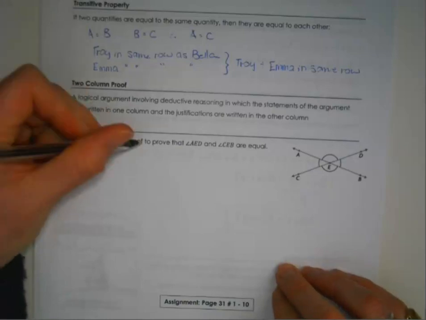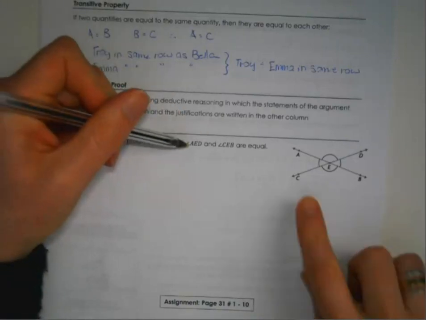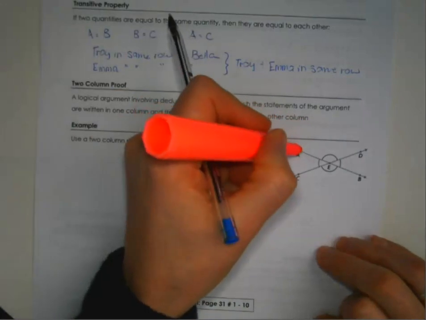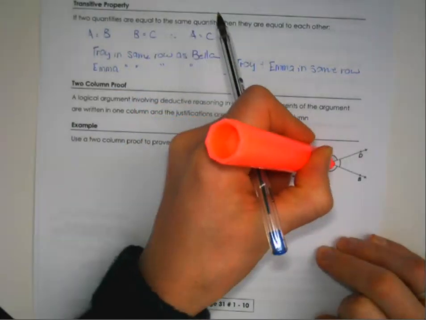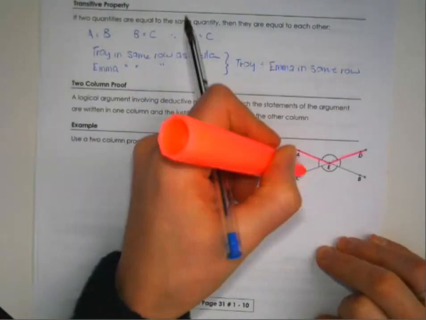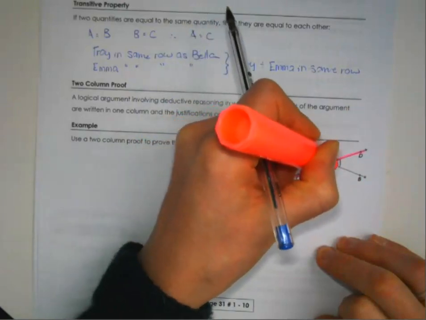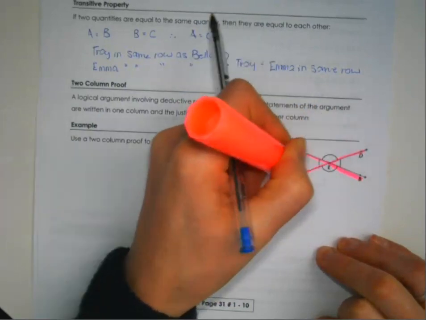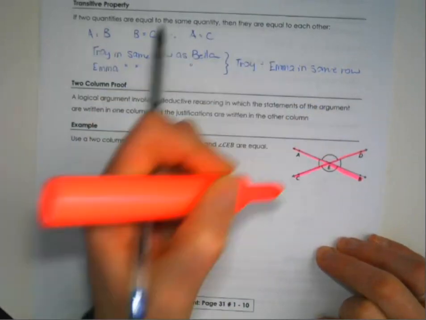Use a two-column proof to prove that angle AED and CEB are equal. Oh, look at that. That pretty much just highlighted the whole thing. I don't know if that helped.